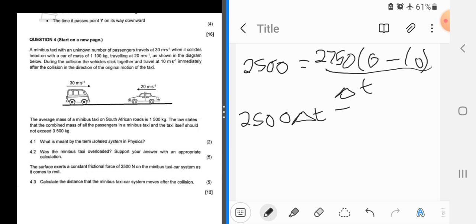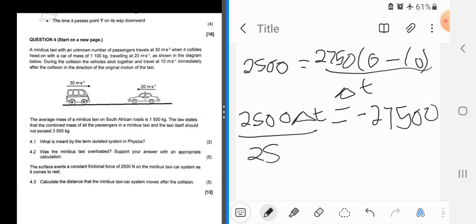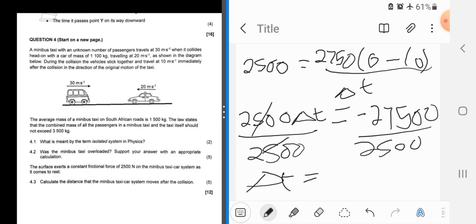That's when we're going to have 27,500, so this will equal negative 27,500. Okay, so let's divide by 2,500. The 2,500 will cancel, so change in time will equal 11. We multiplied by 2,500, right? All right, so we have done all of this.